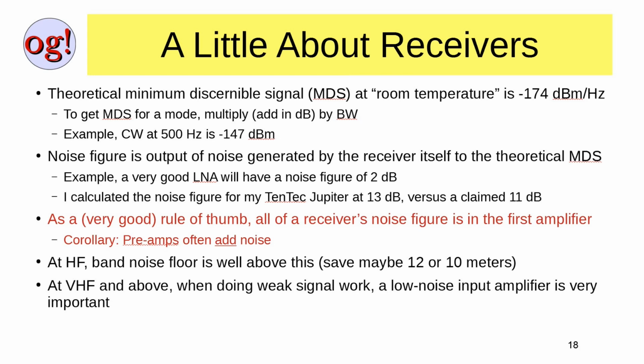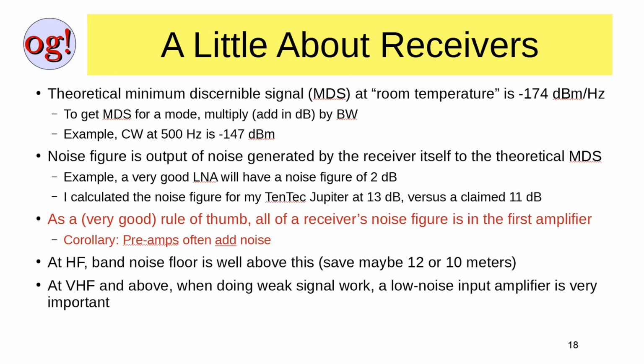To get an MDS for a mode, you have to multiply, or you can add in dB, the bandwidth. For example, CW, if you use a 500 hertz filter, you're letting in a total noise power of minus 147 dBm. Now understand that's minuscule. It's really, really tiny, but it is noise.